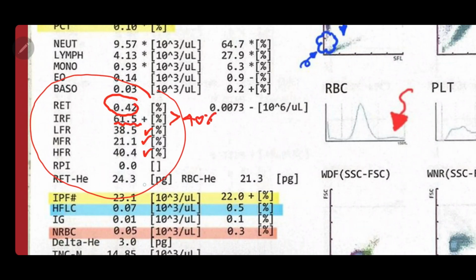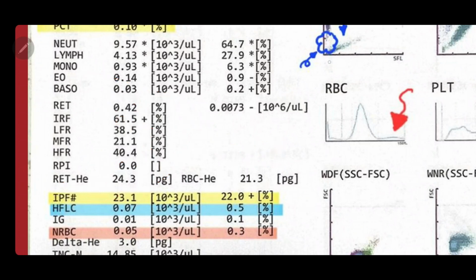The RetHe is 24.3. And when we subtract it from the RBC-He, we get a positive delta value. This indicates that this dog still looks good, even though its red blood cells are only slightly over 1 million.